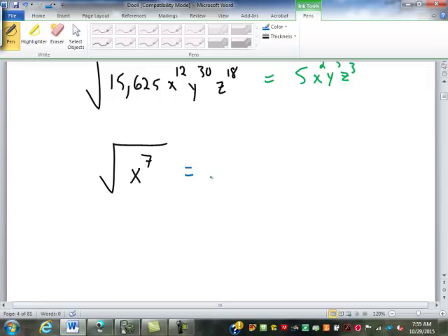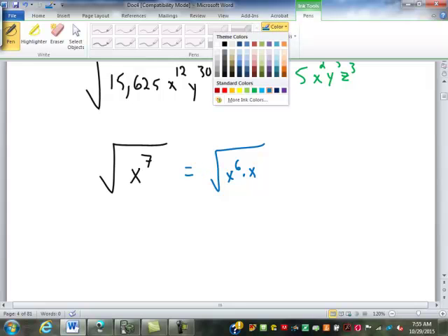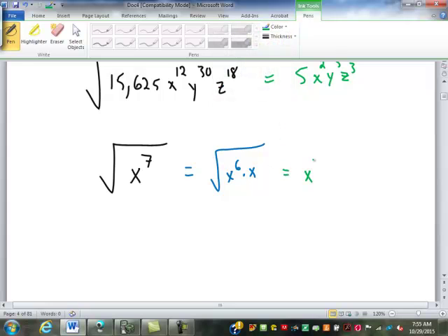We split that into square root of x to the 6th times x. Why would we do that? Because the square root of x to the 6th is x to the 3rd times the square root of x. We're not going to do that in here, but it can be done.